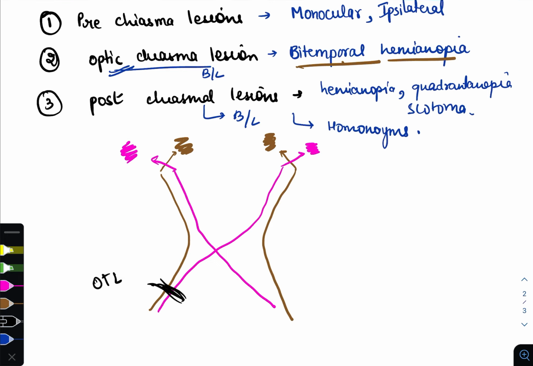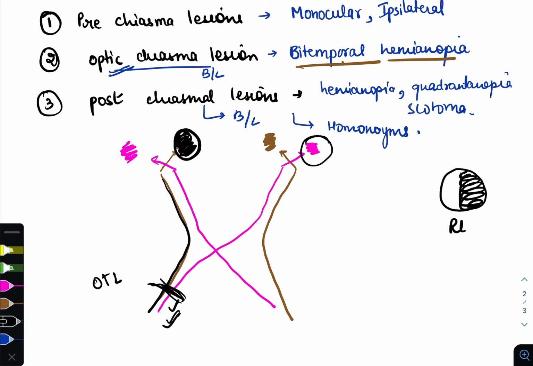If the lesion is here, in the optic tract, we can't see from this area, because this one goes straight. So the nasal field of view from the left eye is not visible, and the temporal field of view in the right eye we can't see. This area from the right eye and this area from the left eye we can't see.